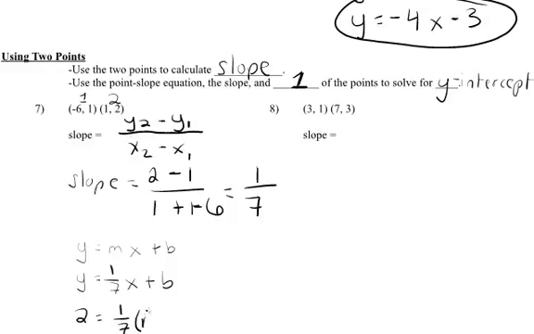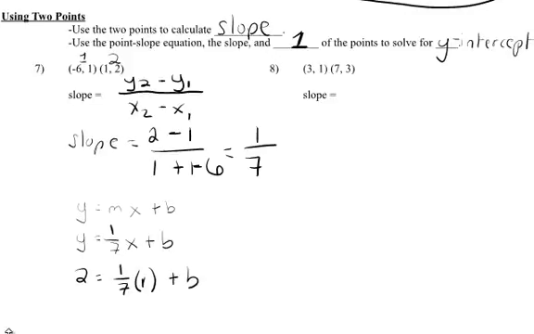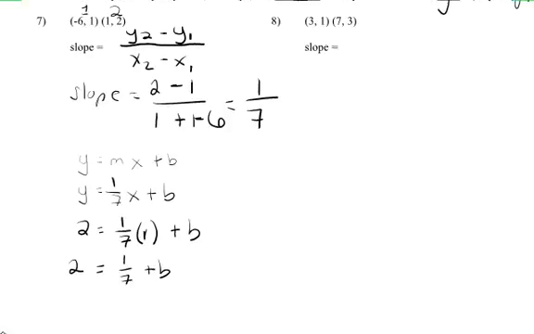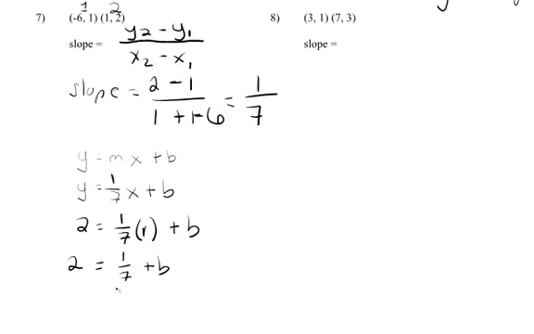We know that 1 is an x. Now we're solving for b. Okay, so this is going to be 1/7 plus b is equal to 2. Okay, so minus 1/7.